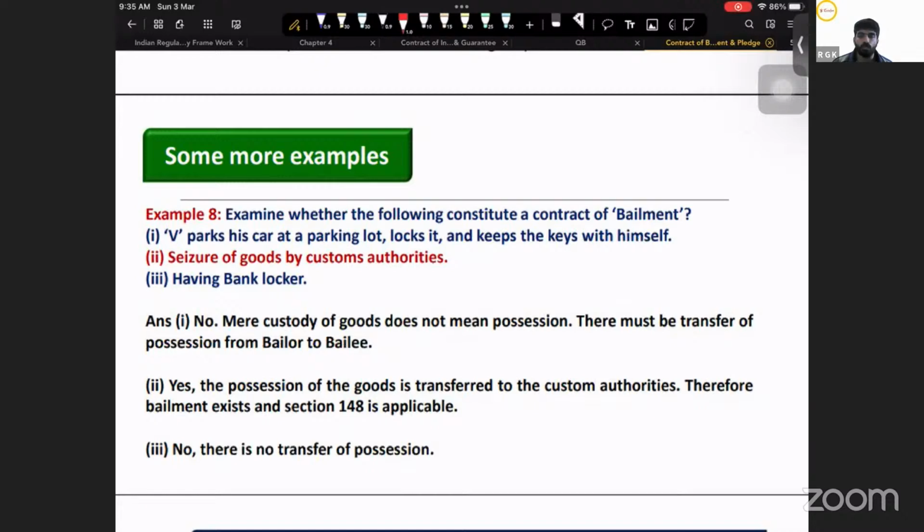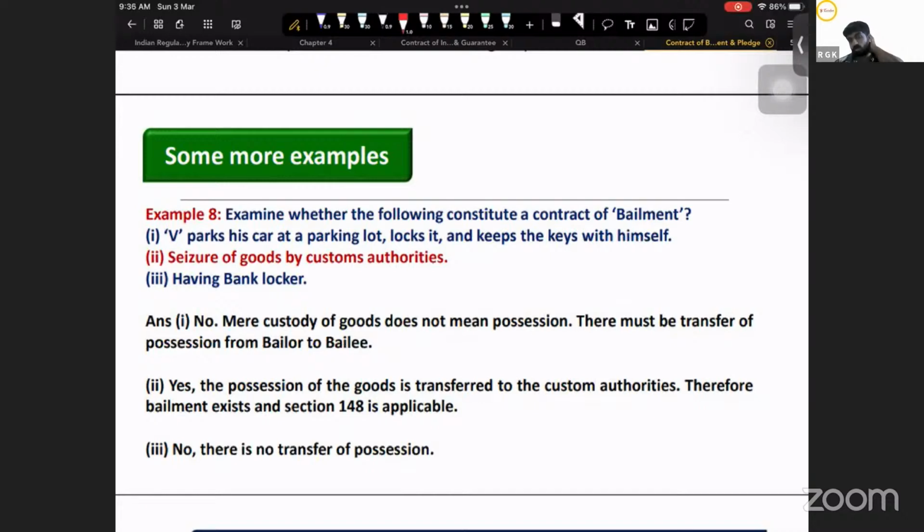Similarly, seizure of goods. Customs authorities, that is your tax authorities, seizing your goods: will it amount to bailment? Should it be considered as bailment? So you see there, the possession of the goods is transferred to the customs authorities, therefore bailment exists and section 148 is applicable.